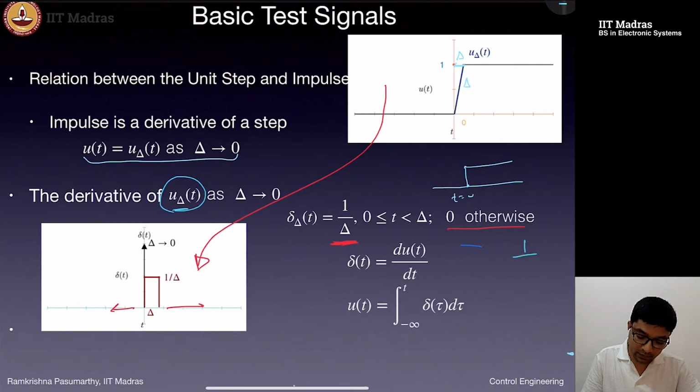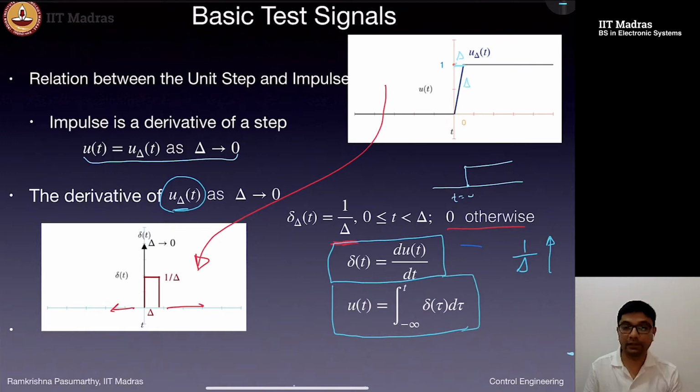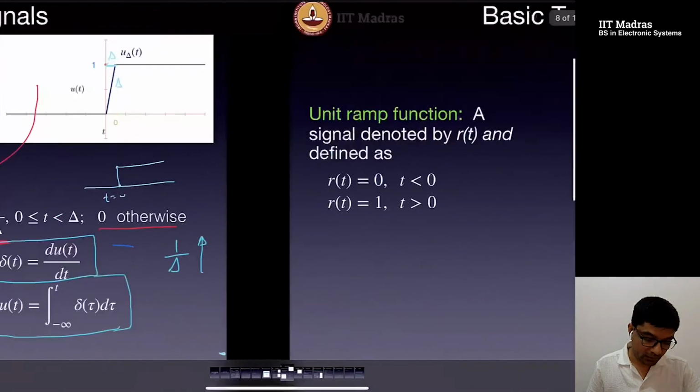So this is 1 over delta. As delta goes to 0, this becomes infinitely large values. And of course, the area still becomes 1. So I can write now that delta t is the derivative of u of t. Or in other words, u of t is also something like this. A nice relation between the impulse and the step functions here.